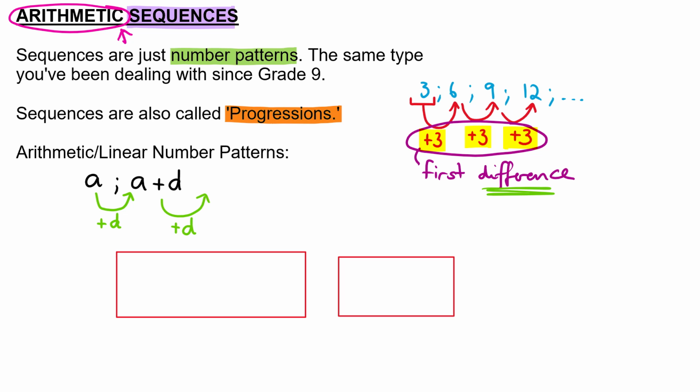So now we've got A plus D plus another D, which gives us A plus 2D. And then to get to the next term, we've got to add that difference again. And so we would get A plus 3D.